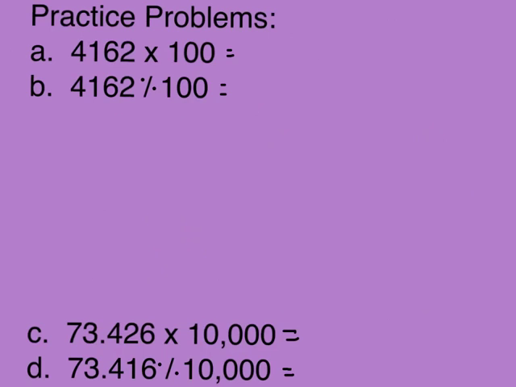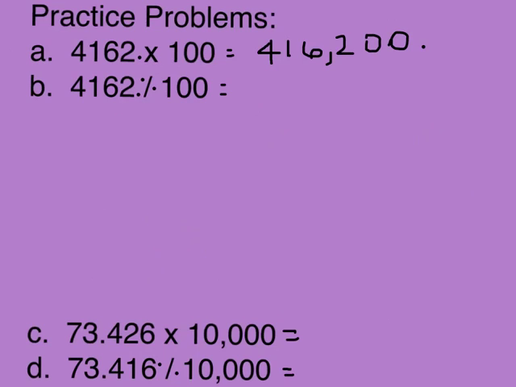Okay, practice problems. And we've only got 4 of them. A and B have the same numbers, but they have different signs, and then the same thing for C and D. So with A, when we don't see a decimal, remember that we assume that it's right here at the end. So we're going to move it 2 places to the right in A. So 4, 1, 6, 2, 0, 0.